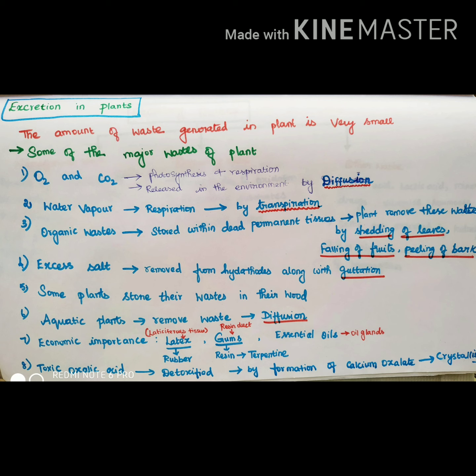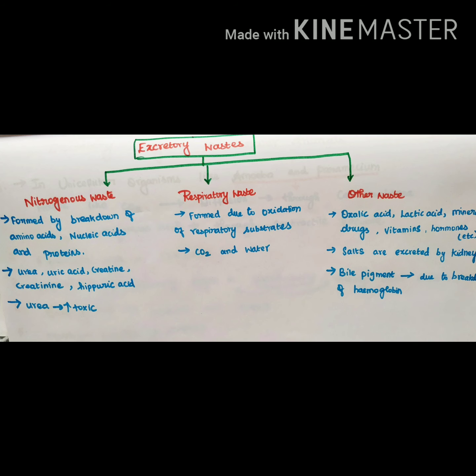And the next topic that we came across is excretory waste types. What are the excretory waste types? That is nitrogenous waste, respiratory waste, and also some other waste. Among nitrogenous waste, urea is considered a highly toxic product, and respiratory waste is carbon dioxide and water.